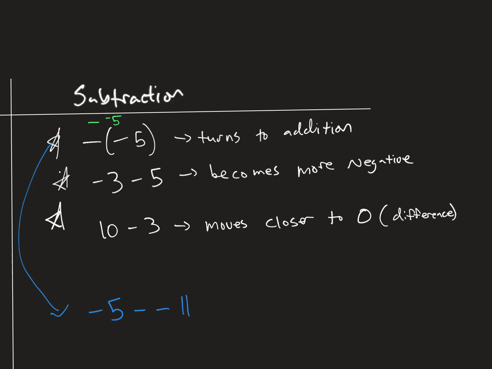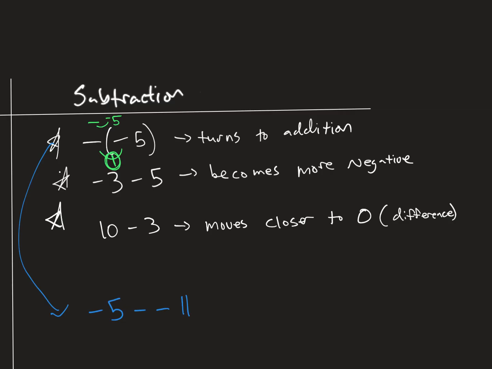So the first one, if we see double negatives, like I've mentioned in previous videos, we want to make a little silly smiley face. It's a reminder that that's a positive we're changing to. We're in fact adding, so that turns to addition, and then we solve like we would.